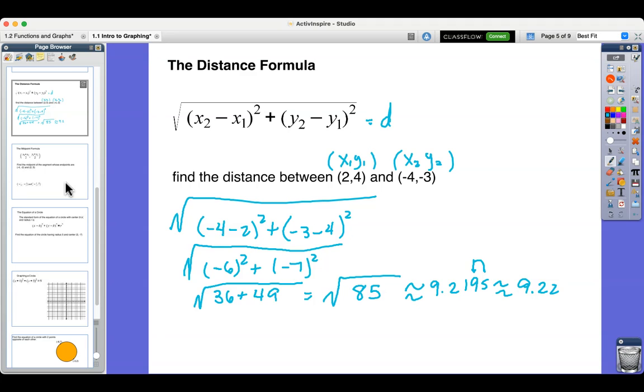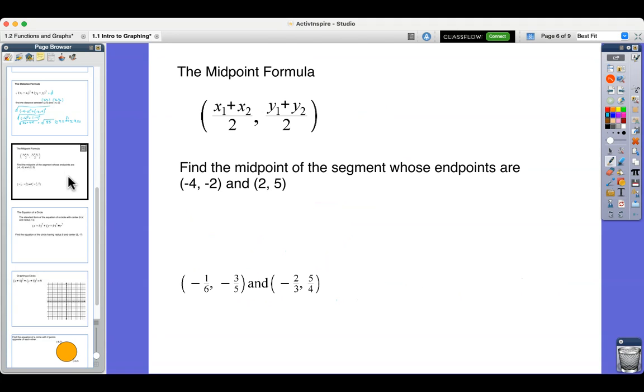Another thing that can help us out sometimes, which we'll put all together at the very end, is the midpoint formula. The midpoint formula still uses two points. You still have an x1, y1, x2, y2. But this time we're looking for a third point that's right in the middle. Just like before, it's all about plugging it in and working it out.